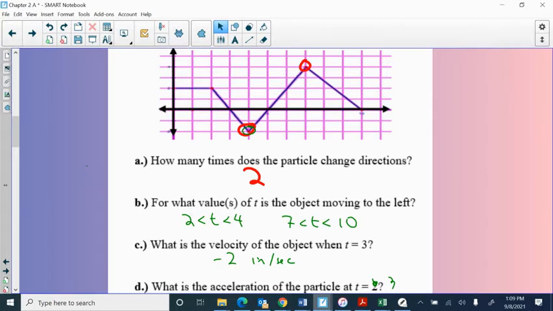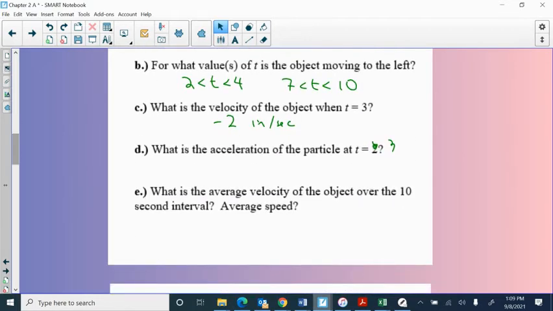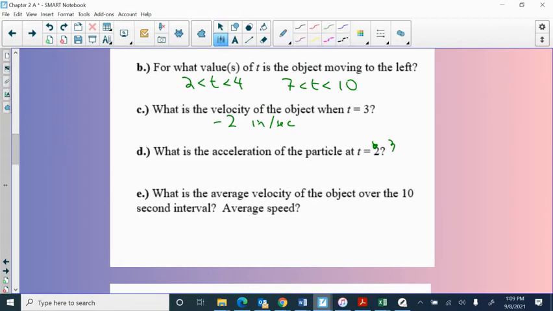If this truly represented a particle moving or someone walking, it would have to change gradually, with a smoother transition. So just take that with a grain of salt. Okay, so it is 0. I should label it 0 inches per second squared. Just know and remember those acceleration formulas.